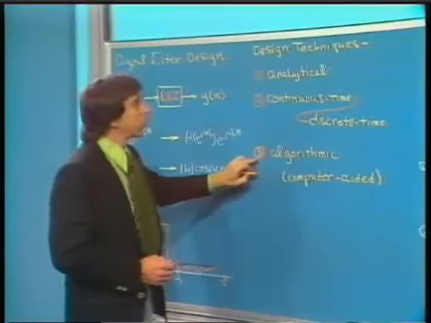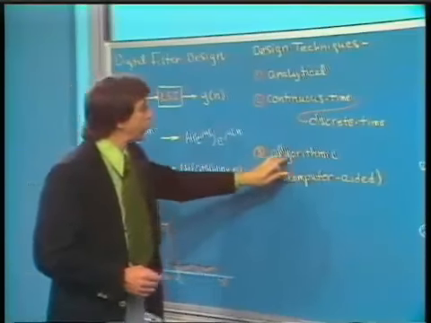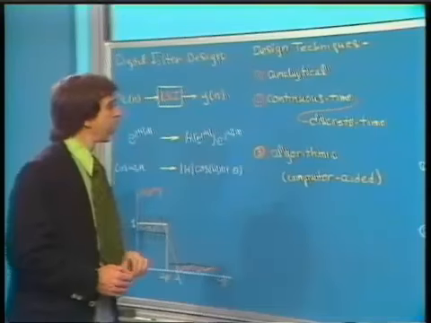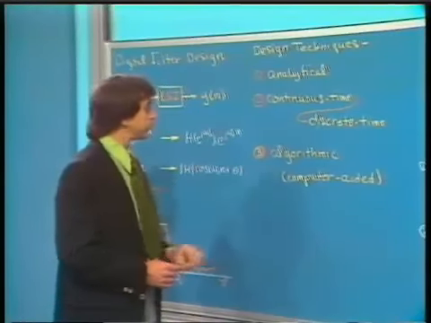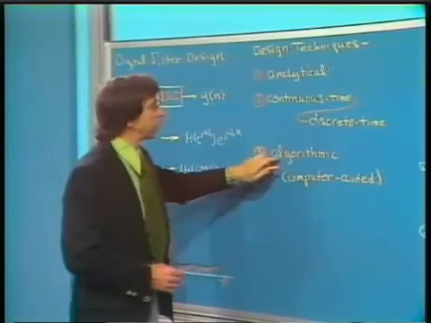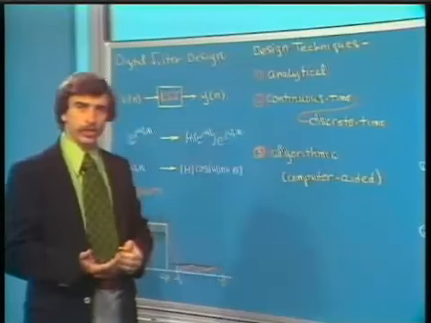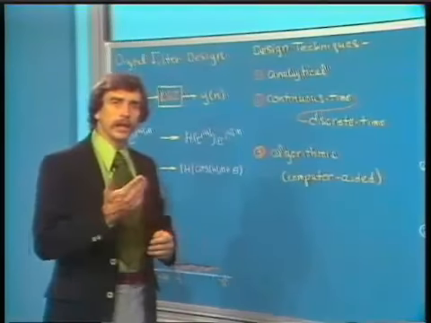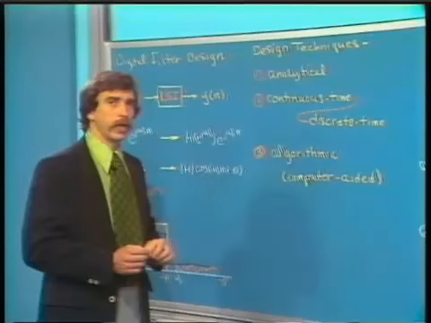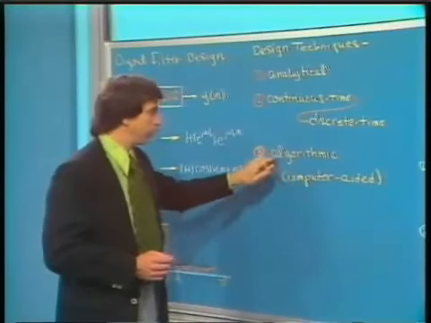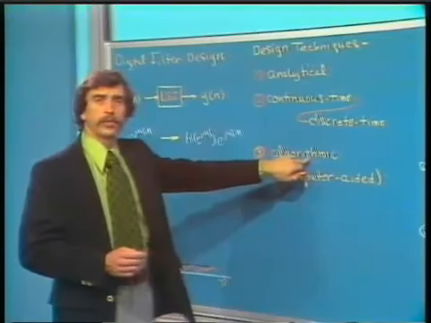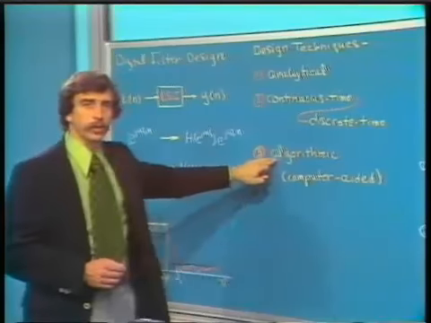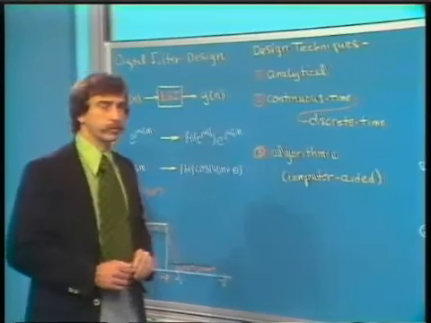The third class of design techniques are what I refer to as algorithmic or computer-aided design techniques. And the basic idea here is that there are a variety of algorithmic procedures, iterative procedures, that we can go through to carry out the digital filter design. And we'll see a brief discussion of a number of these in the next several lectures, both for infinite impulse response filters and for finite impulse response filters.